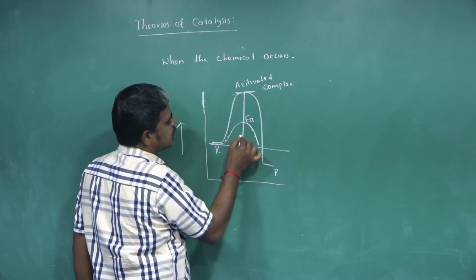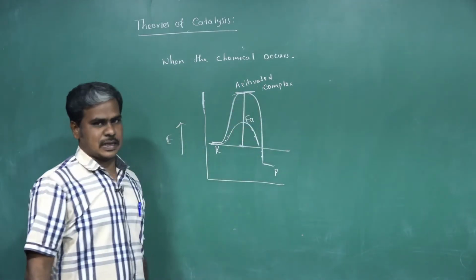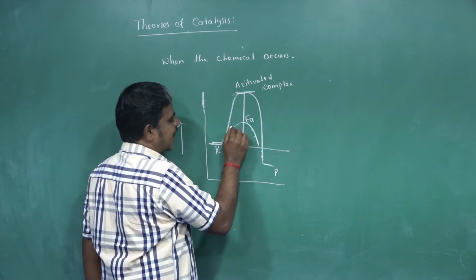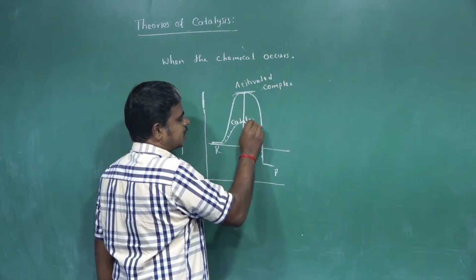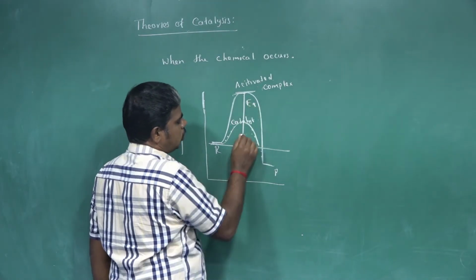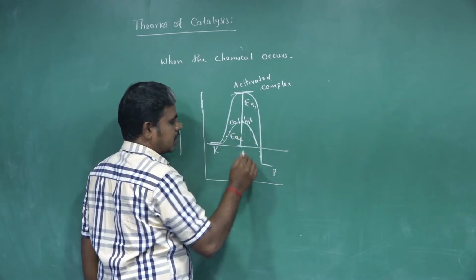In the absence of a catalyst, the energy of activation is high. In the presence of a catalyst, it is lower; this is the catalyst effect. The activation energies are A1 and A2.